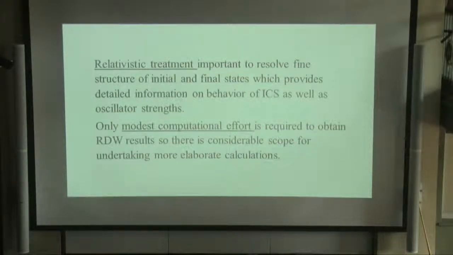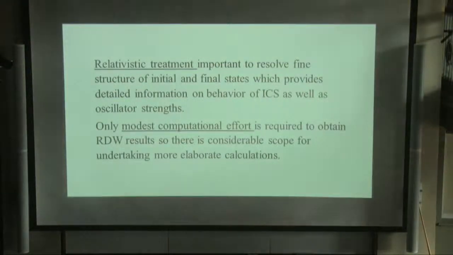Of course, this isn't the only criterion you can apply. I mean, there are many other things. There's a question of whether you get agreement between length and velocity form. And we do, although, again, it varies a certain amount. There's a question of how accurate the energies are. That's important, but you can always use experimental energies in your calculation if you want to. There's the question of whether the fine structure states are in the right order.